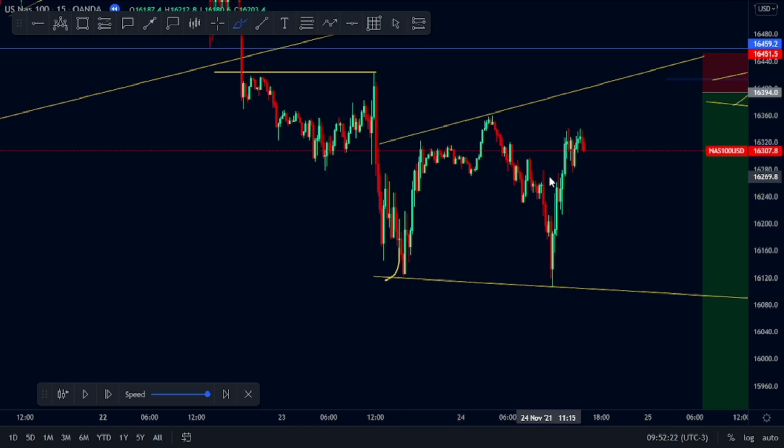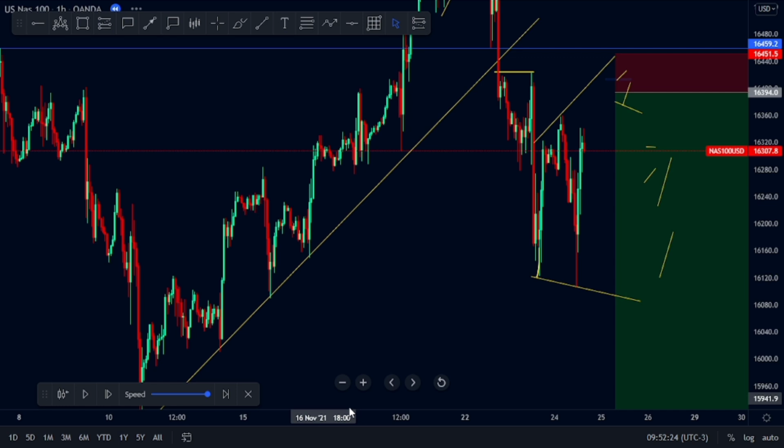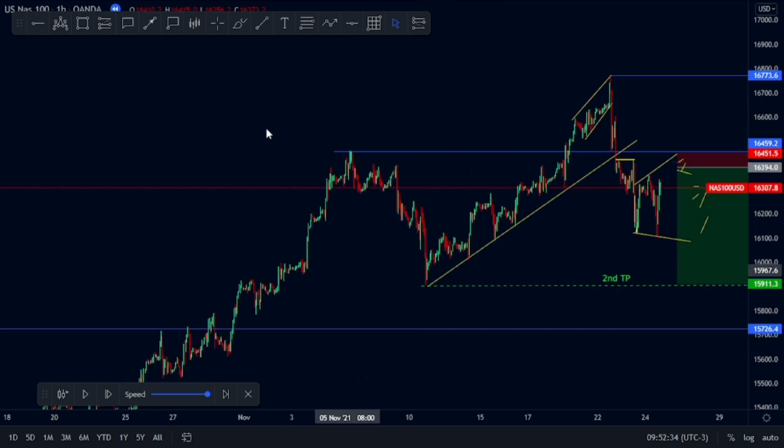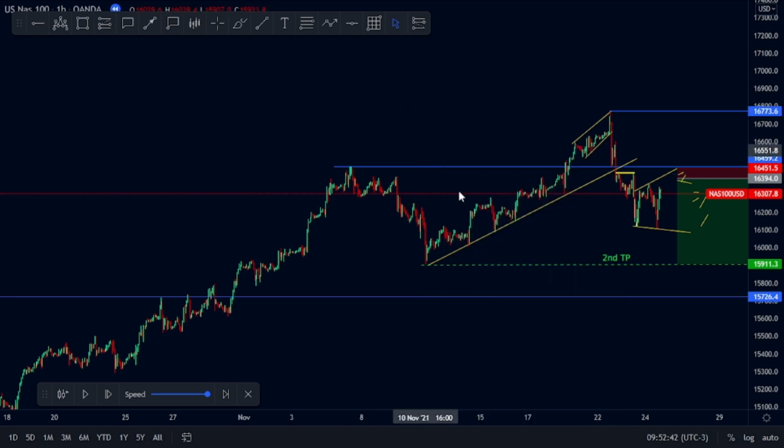Reason being, we are currently in what we call the amber zone. Let us take price to here. We're currently in the amber zone. In the amber zone, we're basically anticipating larger continuation flags.